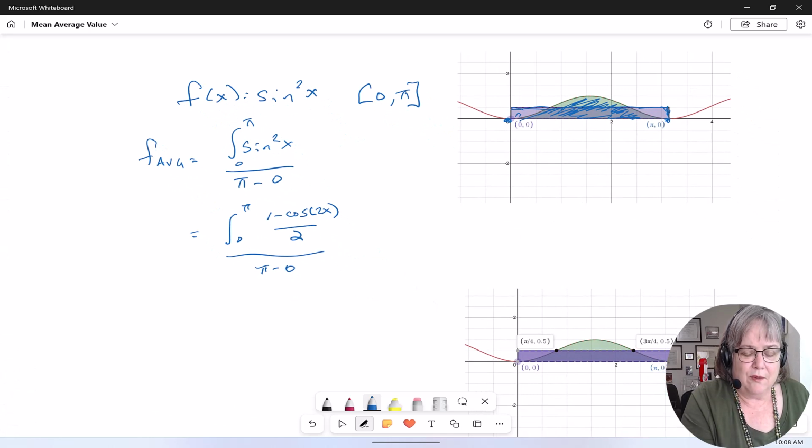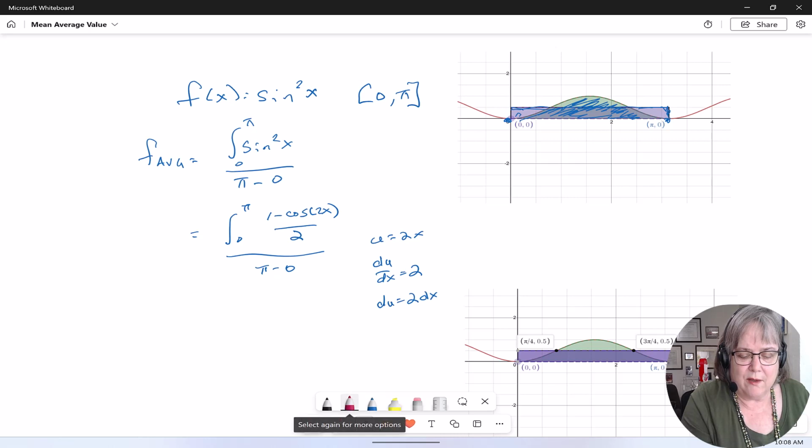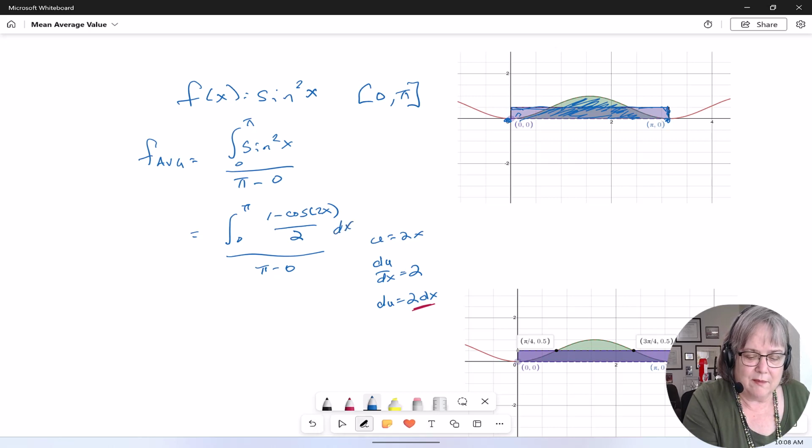So then u would be 2x. du dx is 2. So du is 2 dx, right? So I need a 2 dx. Oops, I forgot my dx up here in both places. Normally in a class, my students would be going, you forgot the dx, and I did. All right, so here we go.